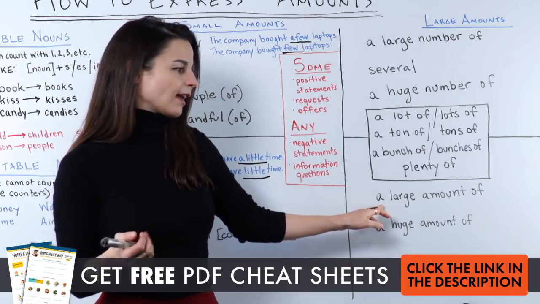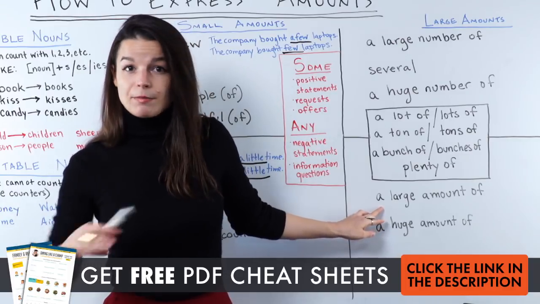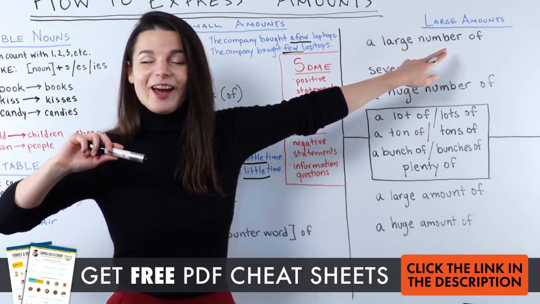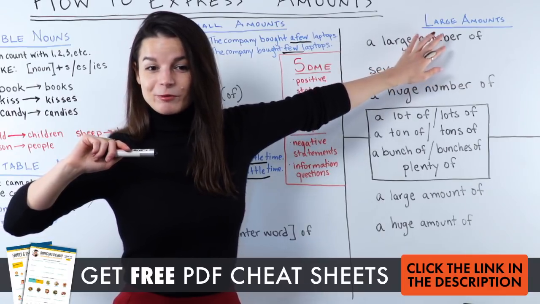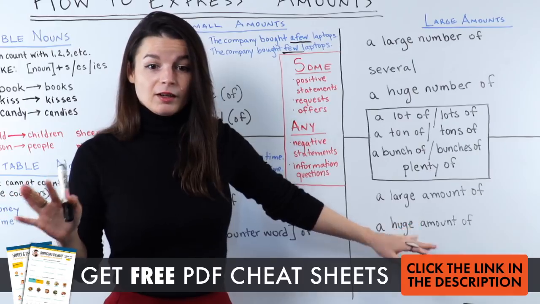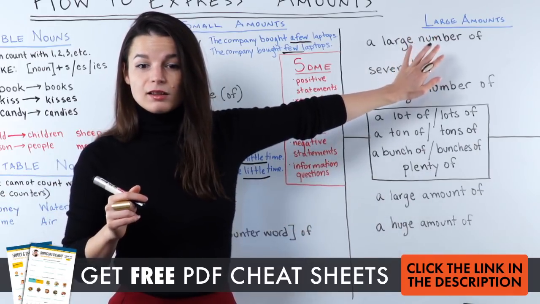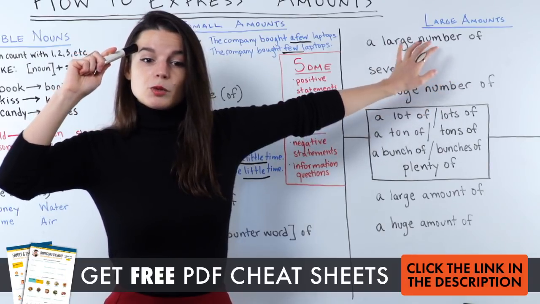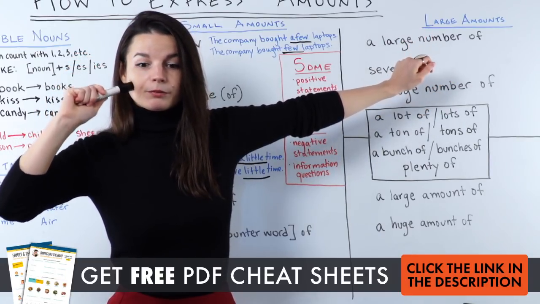So I can't say a large number of time. That's incorrect. Number is used with countable nouns. Amount is used with uncountable nouns. So I cannot say a large amount of markers, for example. So please use number with countable nouns.